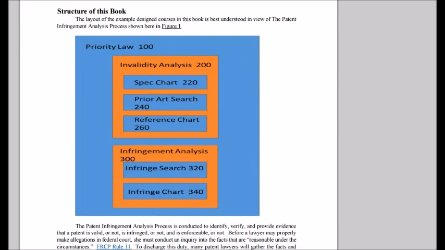So Priority Law is the first course, which is this course, and the next course is the spec map process design course, and then there's a reference chart process design course, and then there's infringement. The search parts are not in this book, and it's more of a technical training which would not be awarded CLE credit, so it's not included.